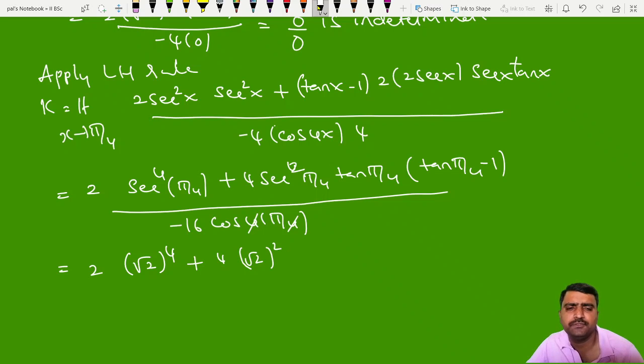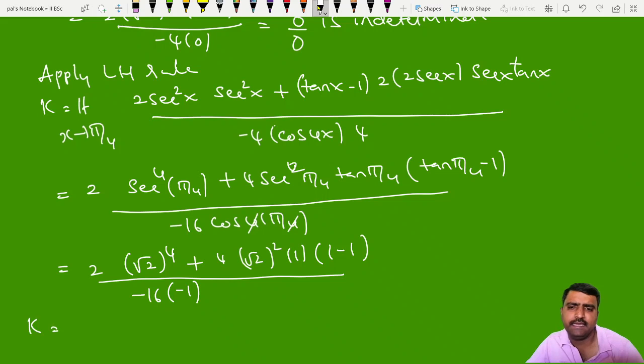Secant pi by 4 is root 2 square, tan pi by 4 is 1, minus 1. This whole divided by minus 16 into cos pi. Cos pi is minus 1.